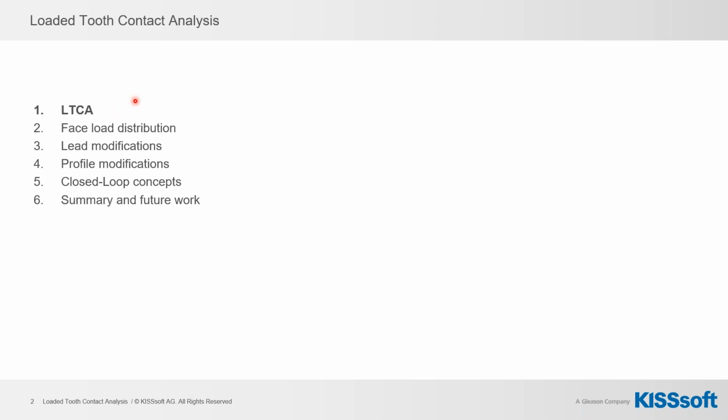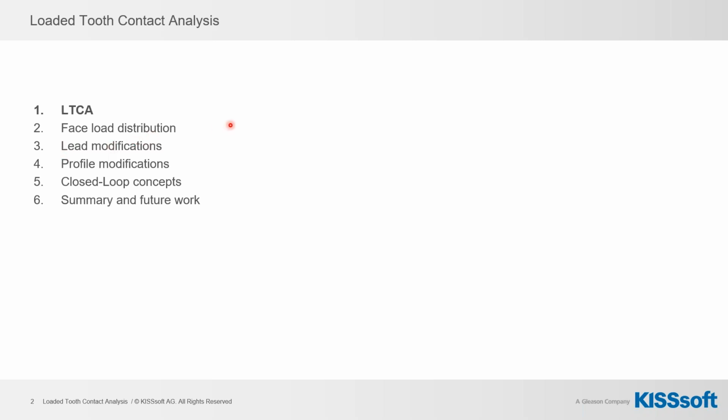But also, I would like to speak to you in general about face load distribution. So how is the load distributed on gear flanks? And how can we optimize the contact pattern by applying some efficient lead modifications, sometimes also known as flank line modifications?